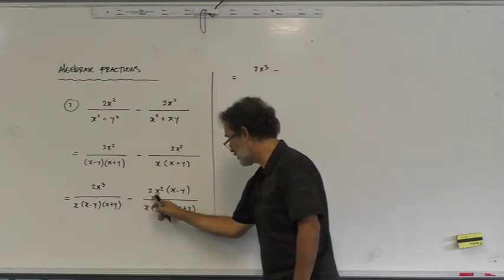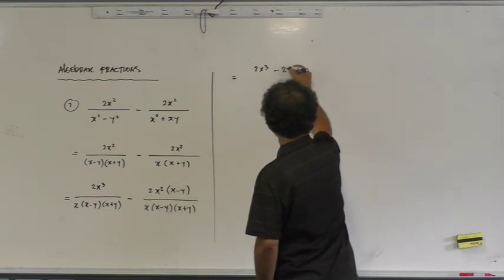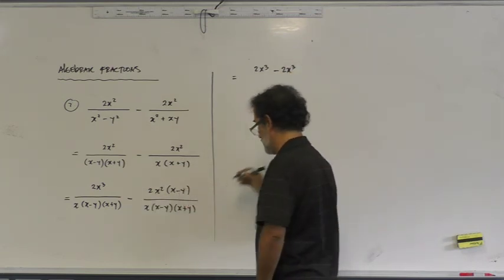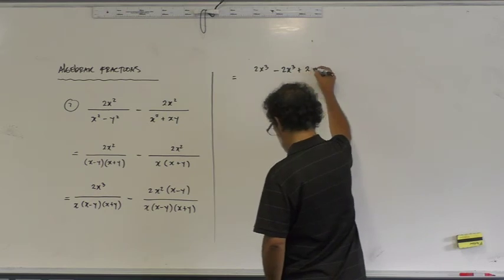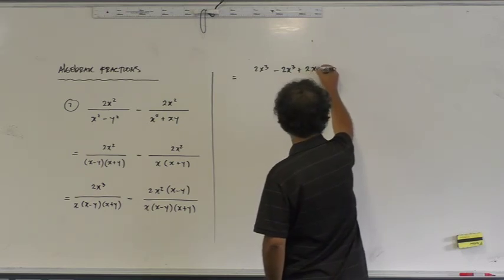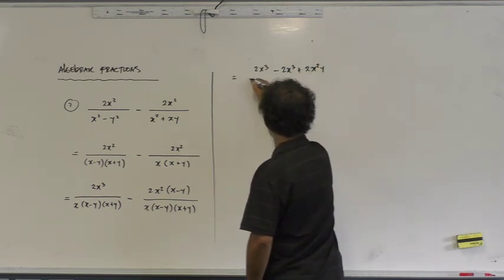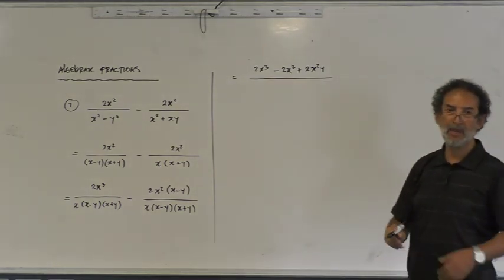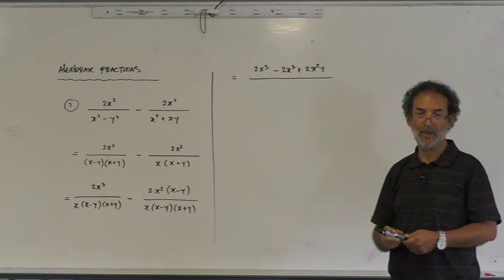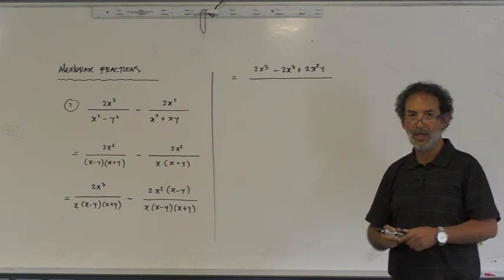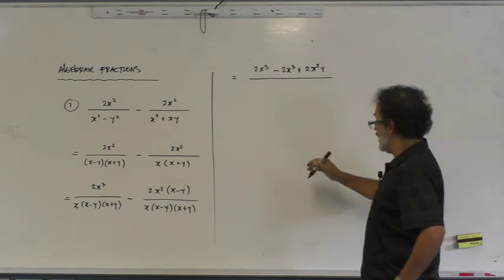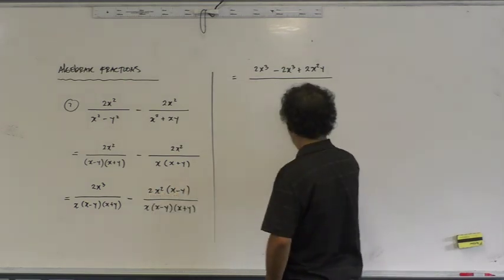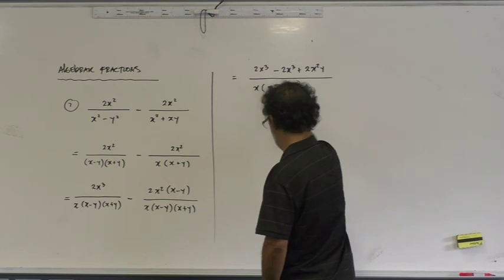So it's going to be 2x cubed, that's correct, but then negative and negative, so it's going to be plus 2x squared y. Why is it 2x squared? Because of the times. Oh yeah, 2x squared y, sorry.